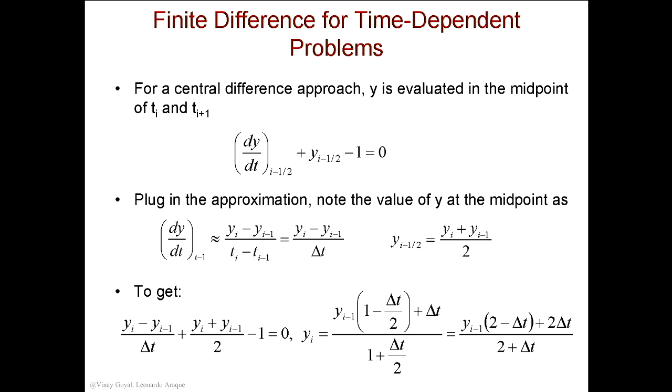The main difference is that this equation is the same, so I'm not going to change anything there. But y here is basically the average between the value at the previous time step and the current one. So the average between the two. That's the main difference from the previous method that we just discussed.